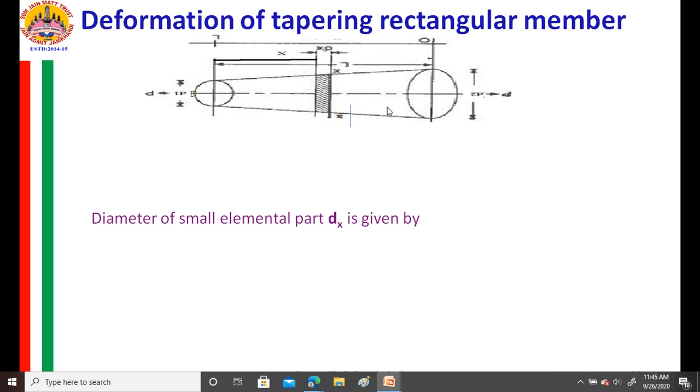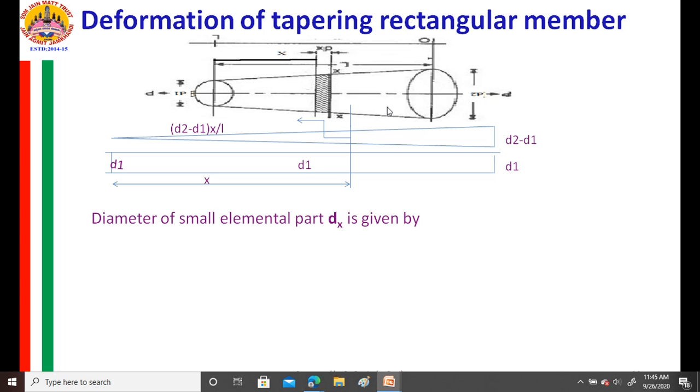The diameter of the small elemental part dx is given the same as in the earlier problem: dx is (d2 minus d1) divided by L into x plus d1.